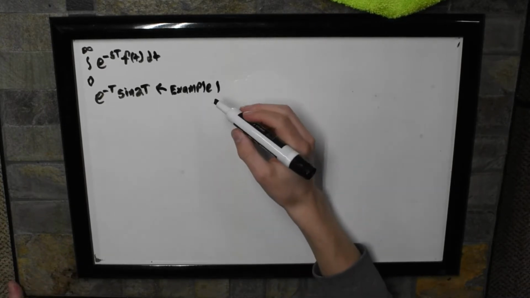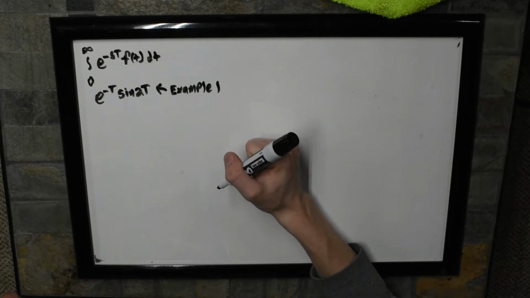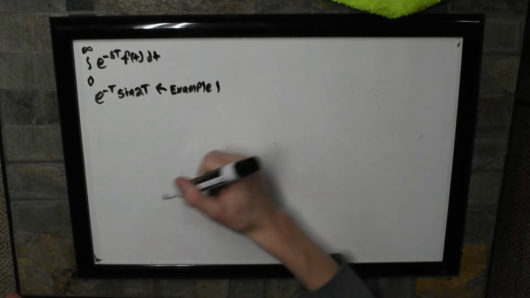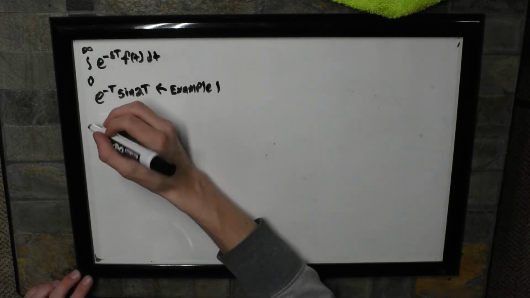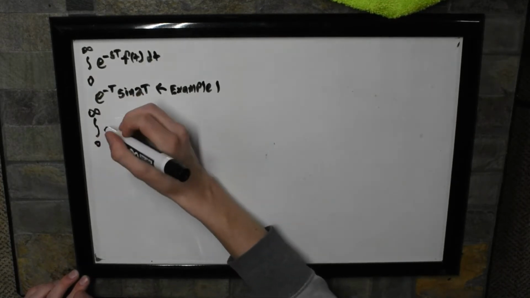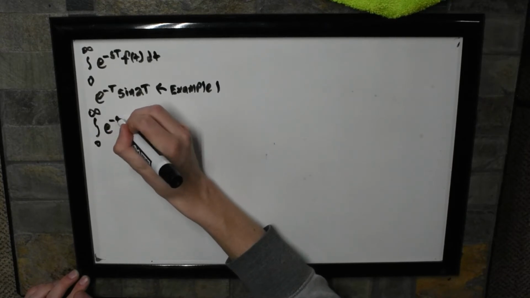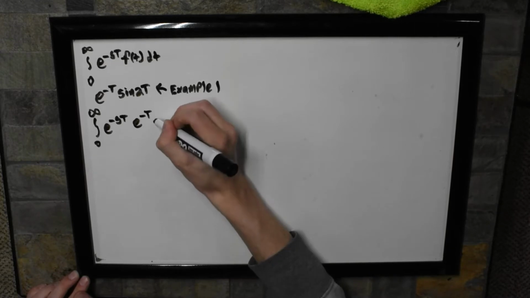Now this isn't on the homework, but this is just kind of getting a feel for where these functions are coming from, because we'll be doing it a lot in this chapter. So anyways, we have the integral from 0 to infinity of e to the negative st times e to the negative t sine 2t dt.